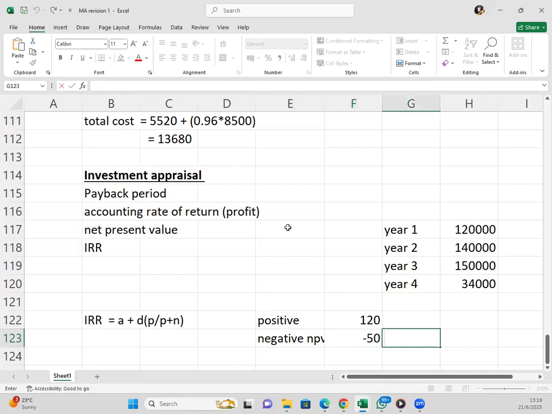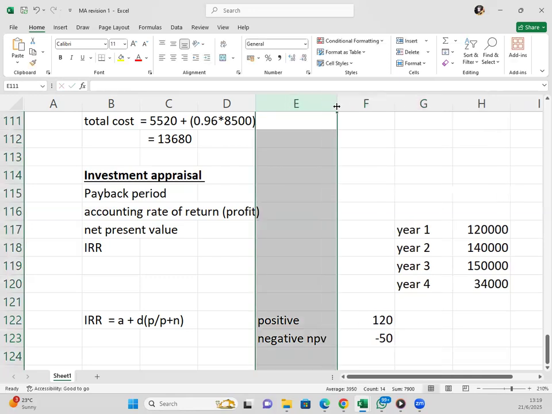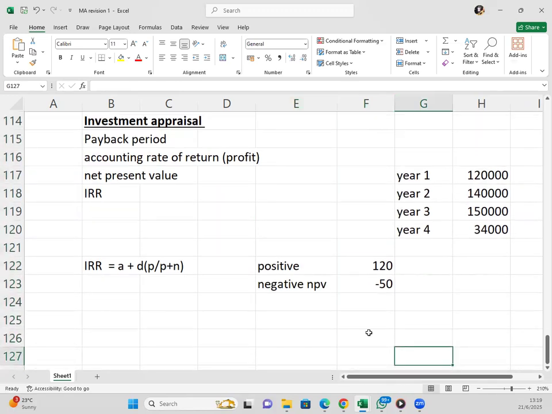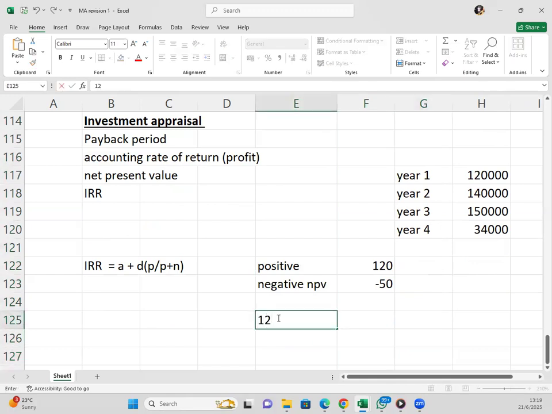So the original formula says that if you're calculating the IRR, you say positive NPV over positive minus negative. But if you say positive minus negative, that's 120 minus the negative NPV, which is minus 50.